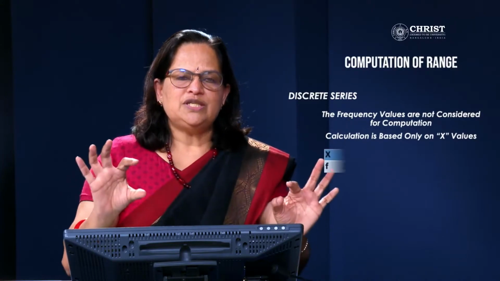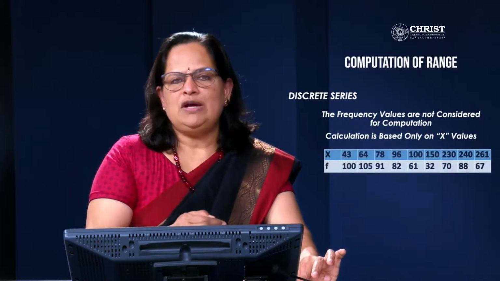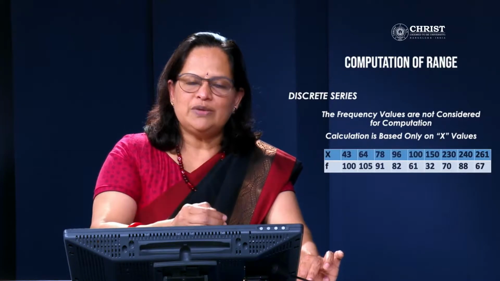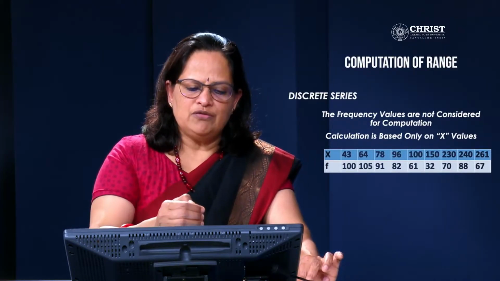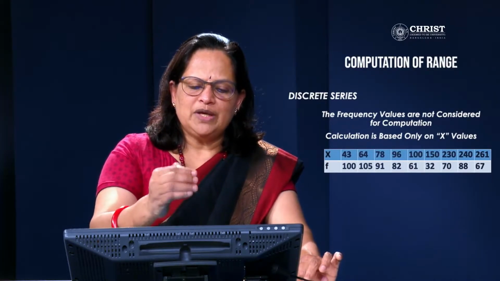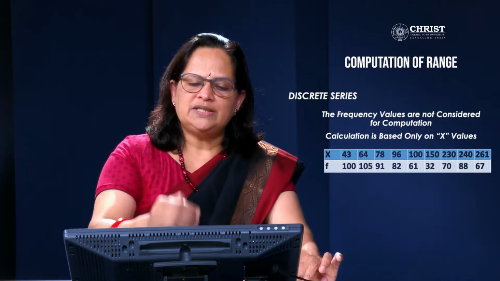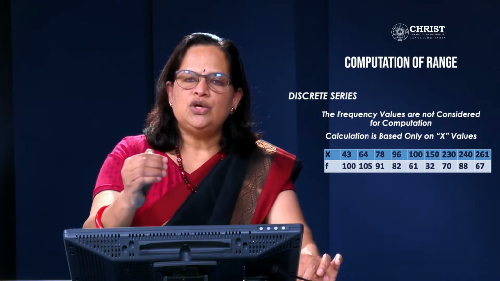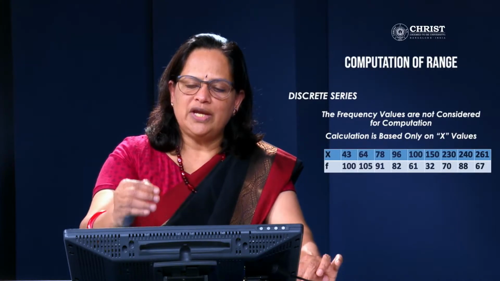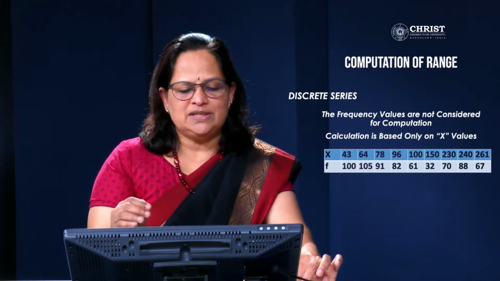In the given frequency distribution, x values and f values are there: 43 with frequency 100, 64 with 105, 78 with 91, 96 with 82, 100 with 61, 150 with 32, 230 with 70, 240 with 88 and 261 with 67.